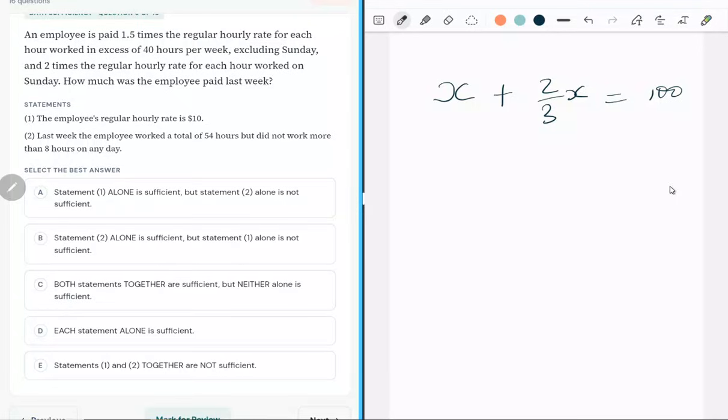Not sufficient. Last week the employee worked a total of 54 hours, but did not work more than 8 hours on any day. Okay, so this is also not sufficient. Why? From this we can find how many hours were worked weekly, but the rates on Saturday and Sunday are different.